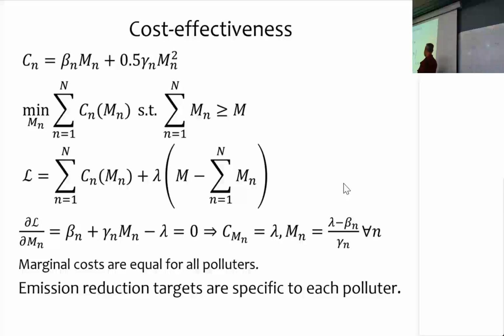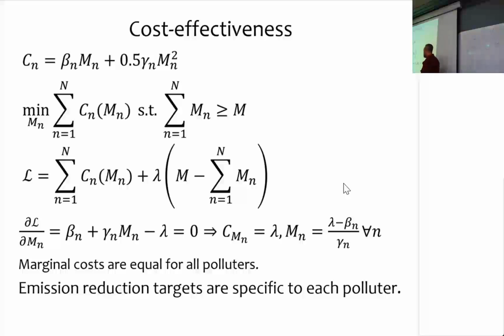The second insight is that then the amount of pollution in company n is equal to, in this particular example, lambda minus beta, that is the linear cost parameter, divided by gamma, that is the quadratic cost parameter. This insight is actually independent of the particular form of the cost function. This insight, of course, depends on that particular specification.